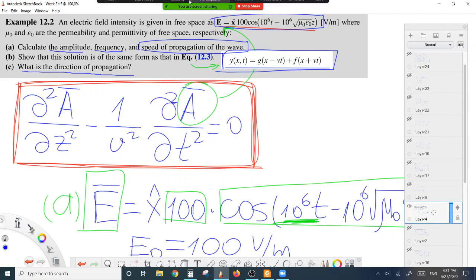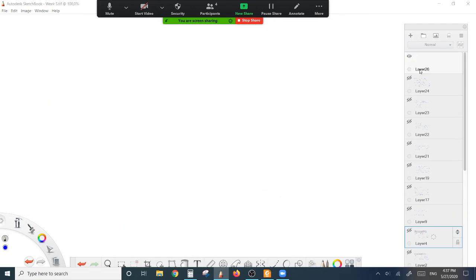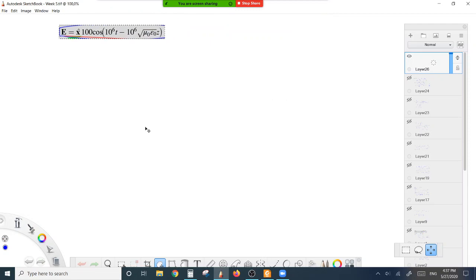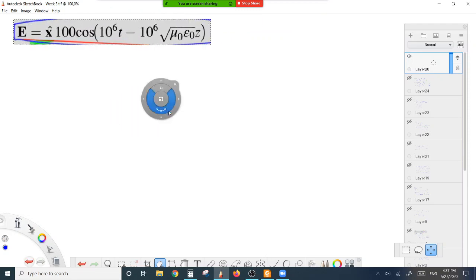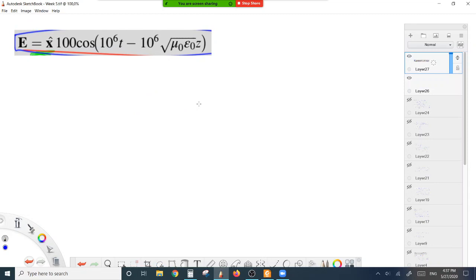Well, we can see that in our equation the electric field has a component only along x, which means it is alternating along the x direction.